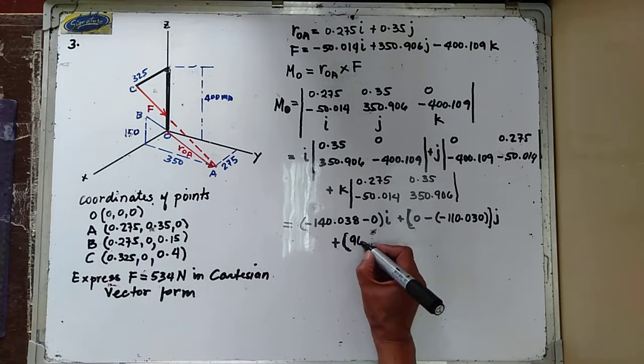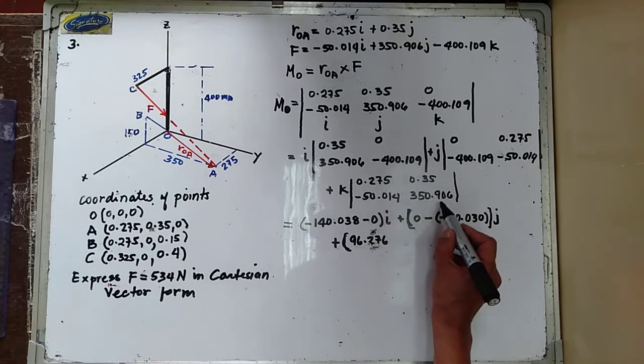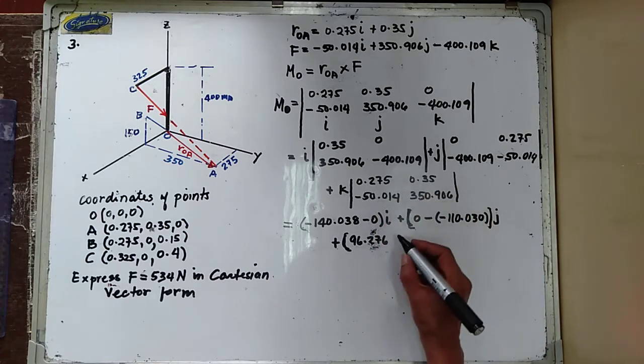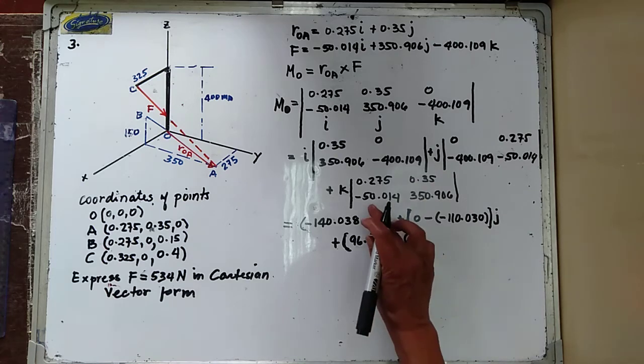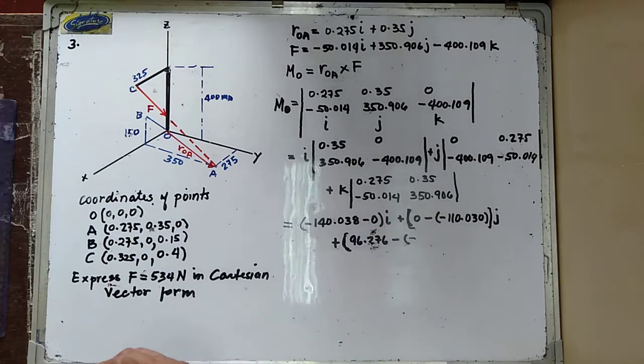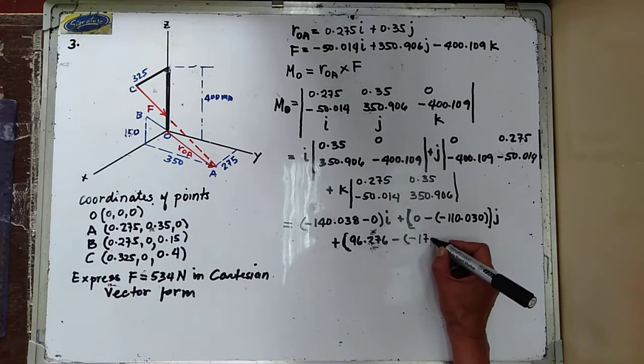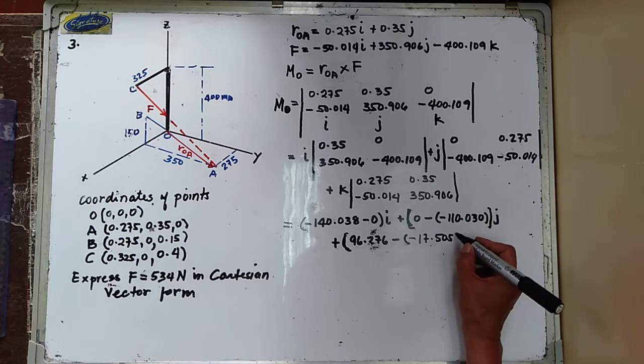That is 96.276 minus negative 50 by 0.35. That is equal to 17.505 minus 17.505.